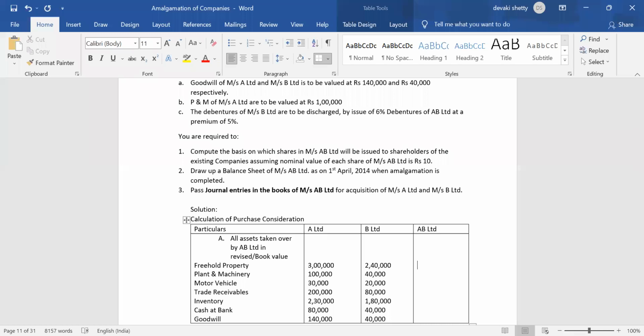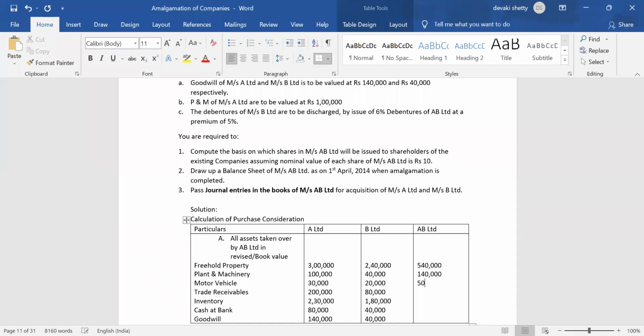Now add both of them. How much do you get? 3 lakh and 2,40,000. We get 5,40,000. This is 1,40,000.